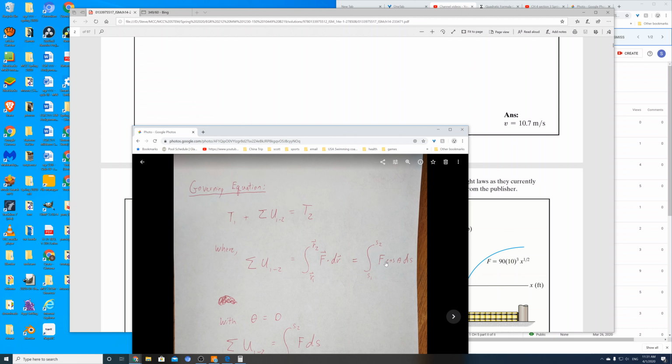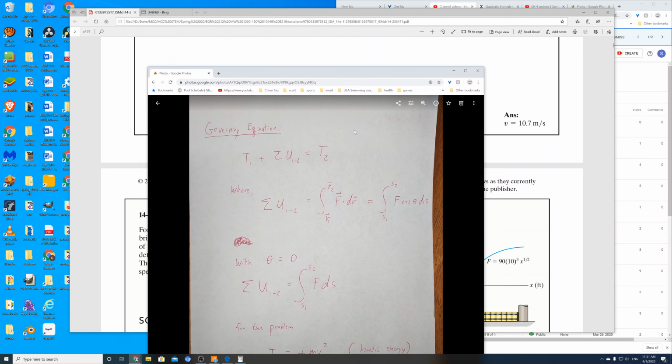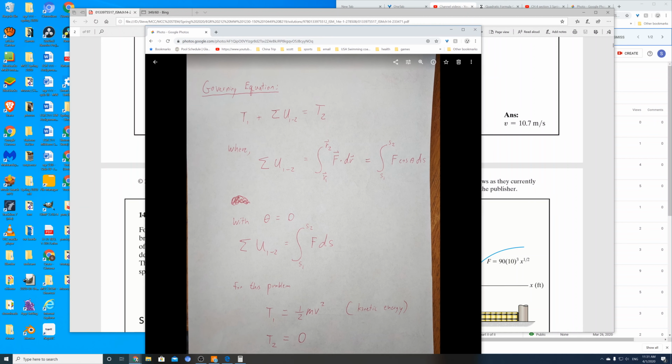The force acting on the car is directly against it, so the angle is 0, and the cosine comes out to be 1. So the form is just the summation of all of the work, from the initial displacement to the final displacement, which simplifies to just work from 1 to 2. There's really only one component.